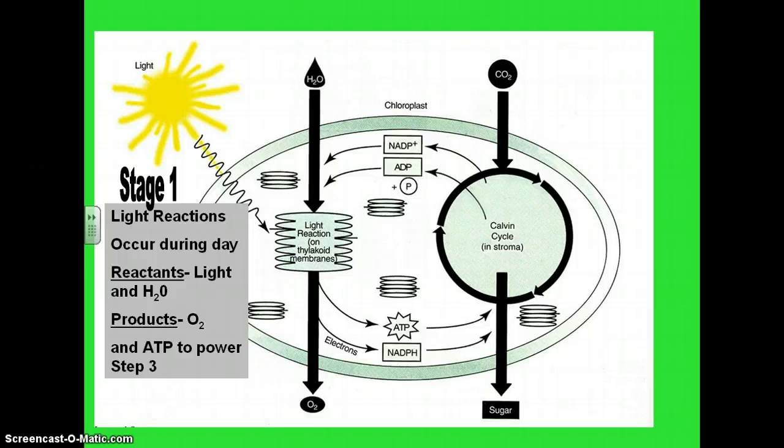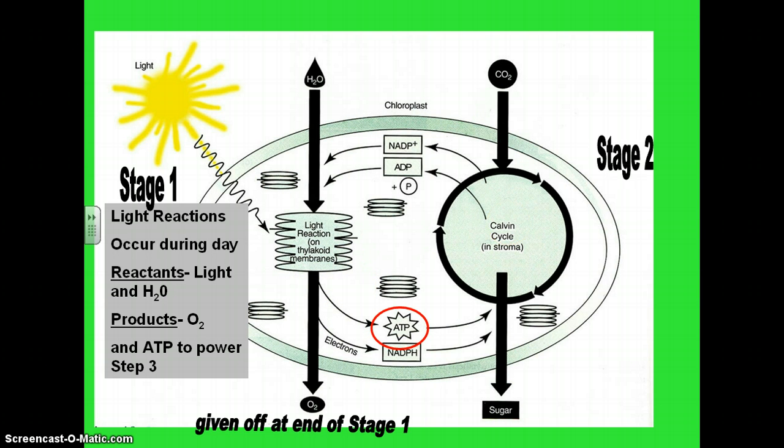So this is when the plant uses the light, or sun energy, and the water. We get the product O2, which the plant then eliminates out of the system, and ATP. The ATP does not leave the chloroplast. Instead, it moves on and continues to stage 2.